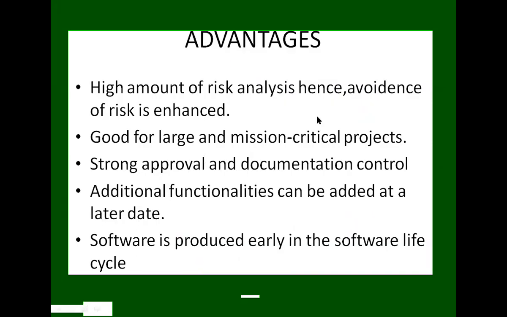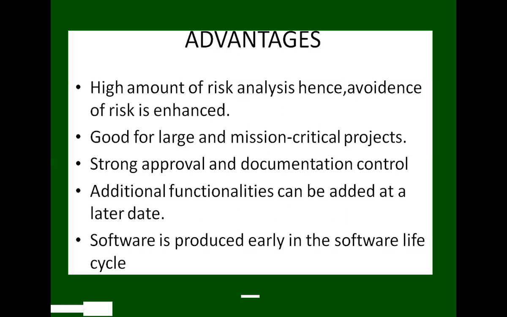Here, high amount of risk analysis means avoidance of risk is enhanced. When there is more risk, we have to analyze the risk more. It is also good for large and critical projects, and has strong documentation control.